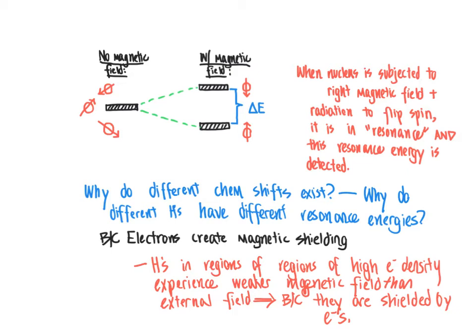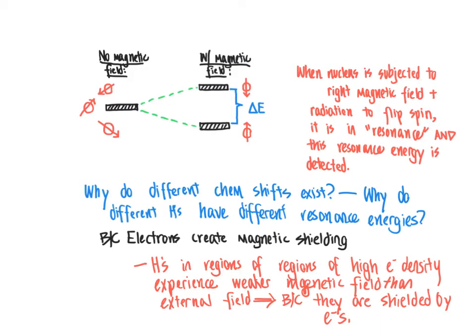They are not going to experience the magnetic field as strongly, and as a result, that is going to cause them to have an observed delta E value in that magnetic field that differs from protons that are deshielded, meaning protons that are not in regions of high electron density.